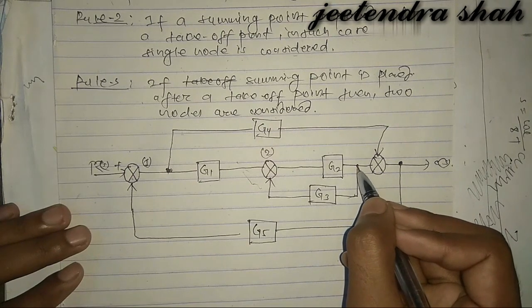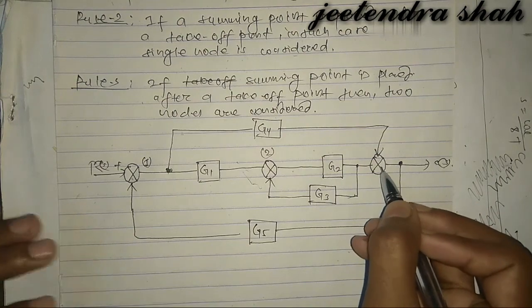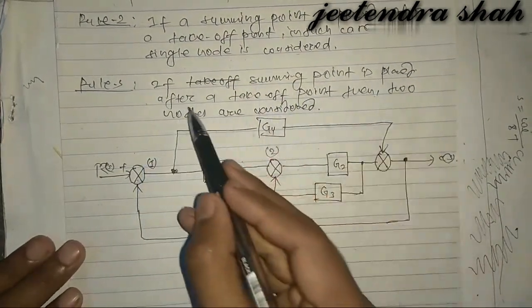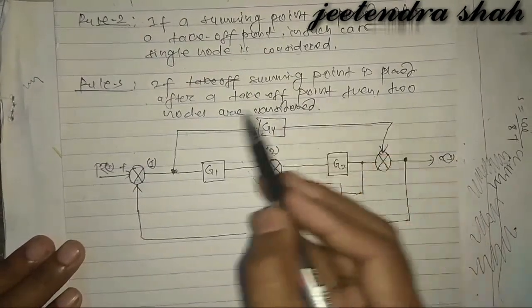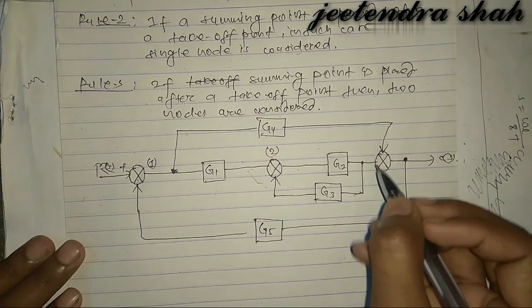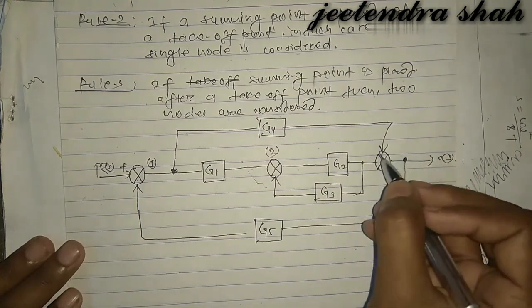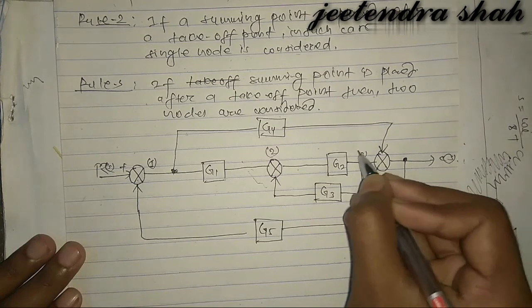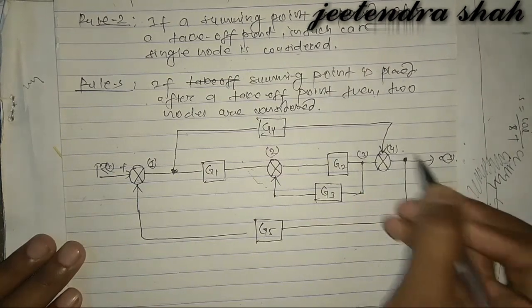so we have the takeoff point here and the summing point here. In rule third we have written, if a summing point is placed after a takeoff point, then two nodes are considered. Since the takeoff point is before the summing point, here there will be two nodes. So we have the third node and the fourth node.